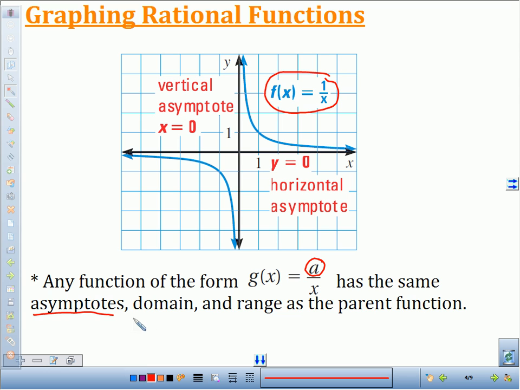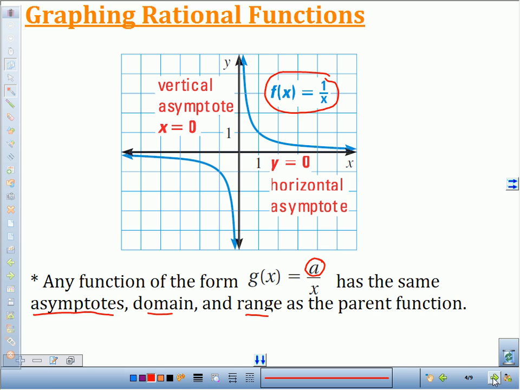And if the asymptotes are the same, that means the domain and range are all the same. So that's kind of nice. Regardless of what this number is here, whatever a is, 4, 5, 6, 7, 8, 9, 10, whatever, the asymptote, domain, and range will always be the same.